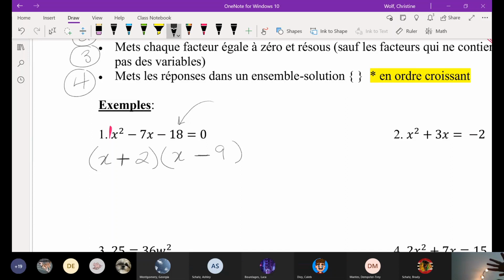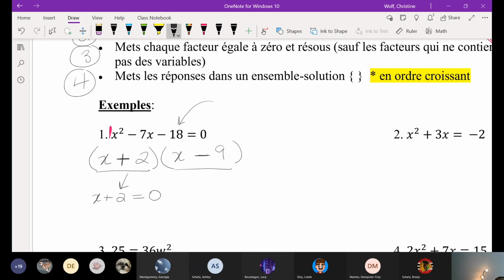Okay, so that's nothing new. Here's the new part. Étape 3 dit de mettre chaque facteur, so this is facteur 1, this is facteur 2, mettre chaque facteur égal à 0 et résout. So we're going to take this first one. On prend ça et on le met égal à 0.